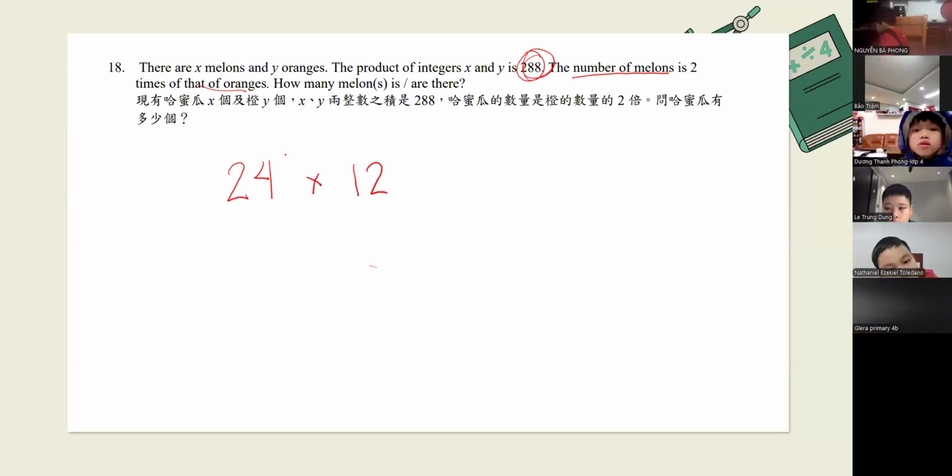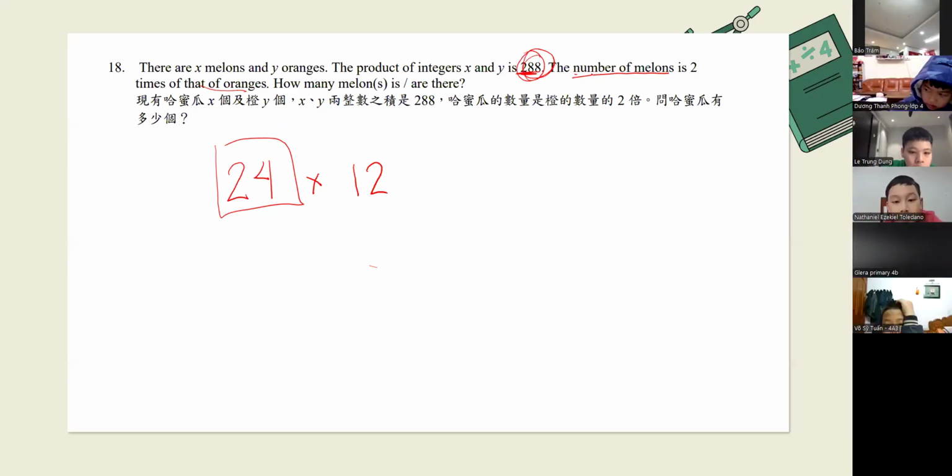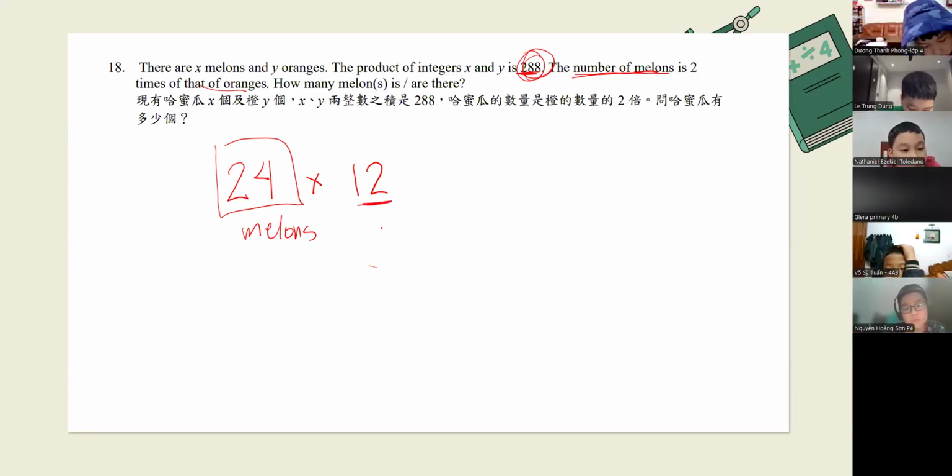If our answer is correct, if it's really 24, then we must have a product of 288. We already satisfied the condition where the number of melons, which is 24, is 2 times that of oranges. Our oranges is 12. Our melons is 2 times 12, so that's 24.